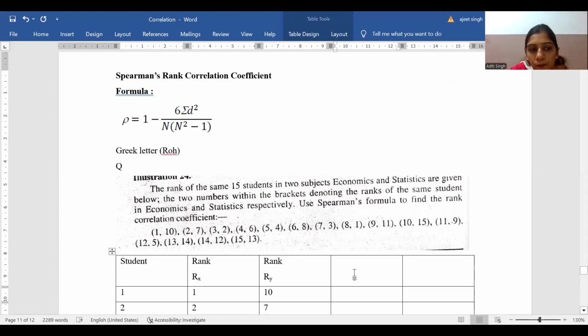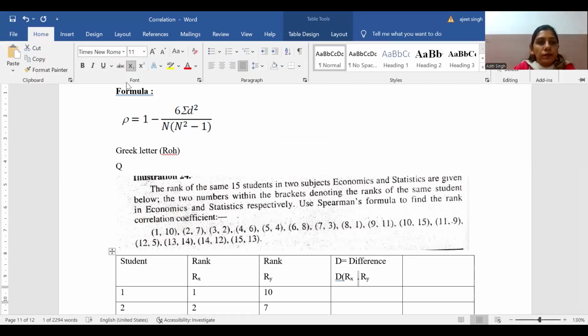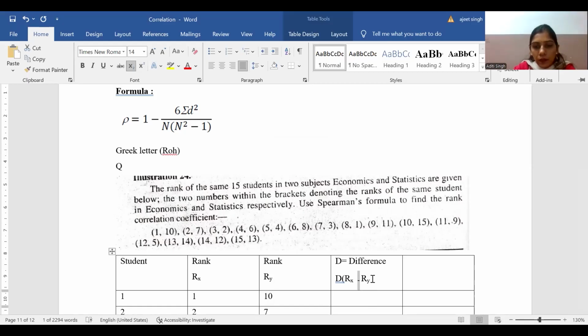D is a difference, the difference between Rx and Ry. So let me write D equals Rx minus Ry.